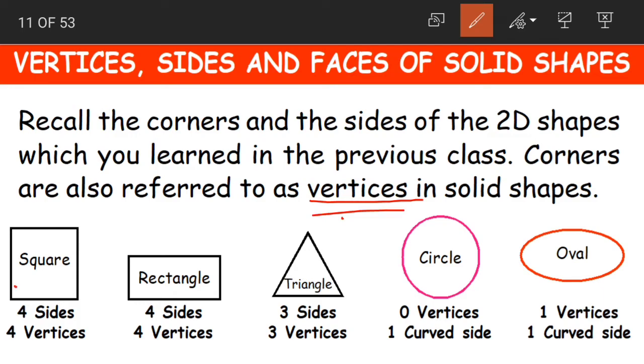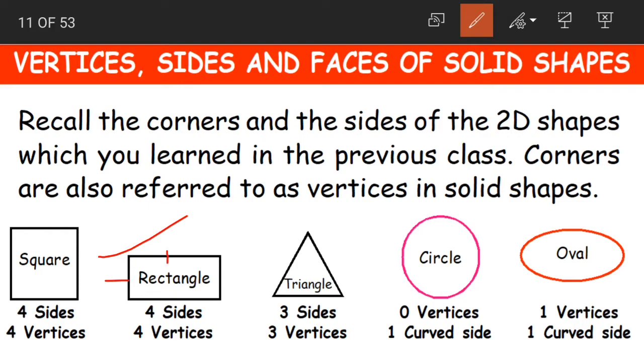So for a square, how many sides does it have? We have already counted that it has 4 sides, and the corners are 4. Corners are nothing but the vertices. So a square has 4 sides and 4 vertices. Now coming to figure B, rectangle.